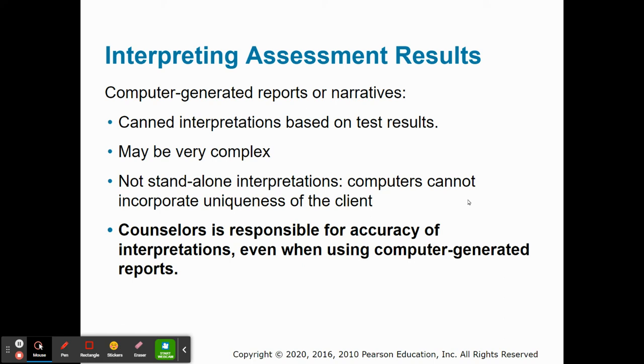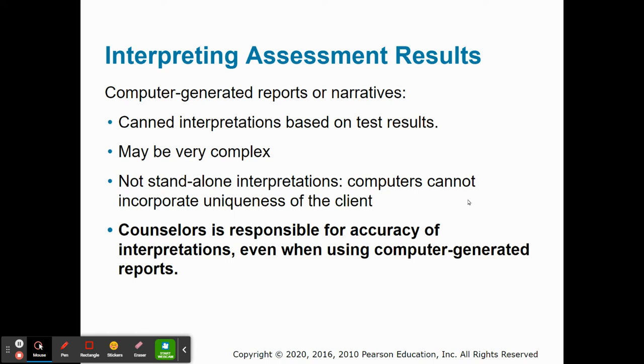So just know that if we are giving a test that has a computer generated report, you're still responsible for making sure that that test is scored appropriately and that it is interpreted appropriately.